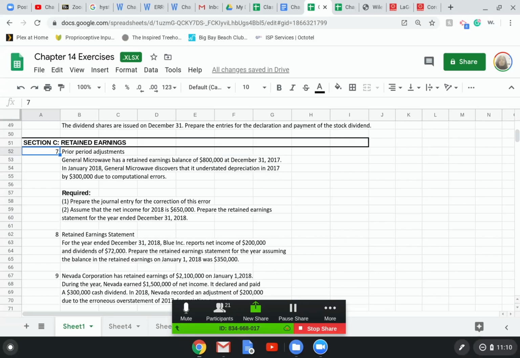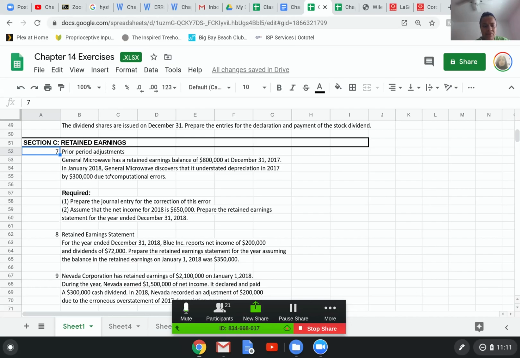I would say a credit. Yeah, that's right. Because the normal balance of an account is on the side that the account increases. So a retained earnings account increases on the credit side. Therefore, the balance would also have to be on the credit side. So this is the ending balance at December 31, 2017.